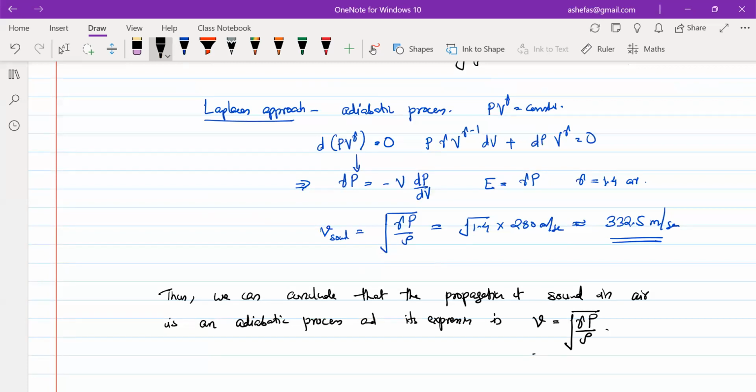So that's all about the propagation of longitudinal waves as well as the propagation of sound in air.